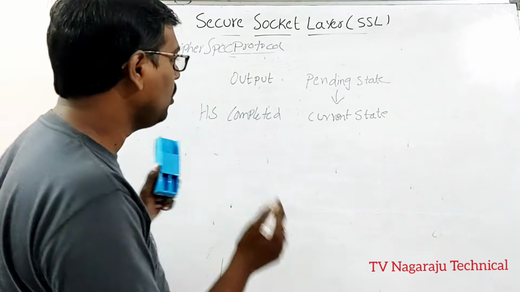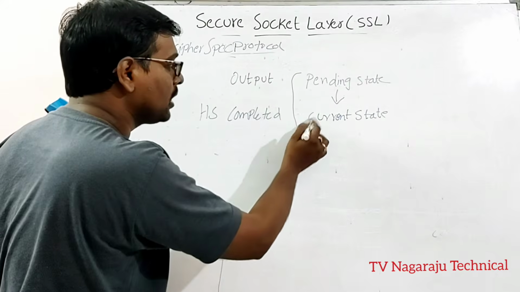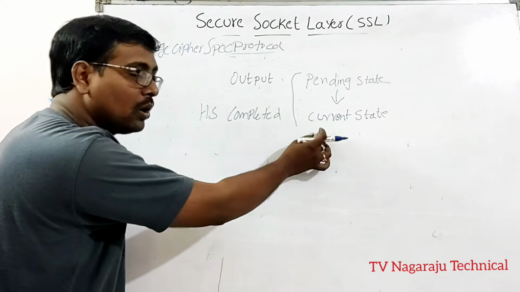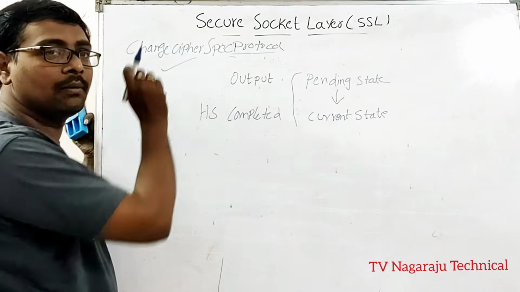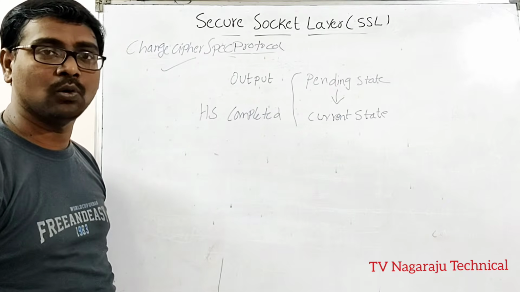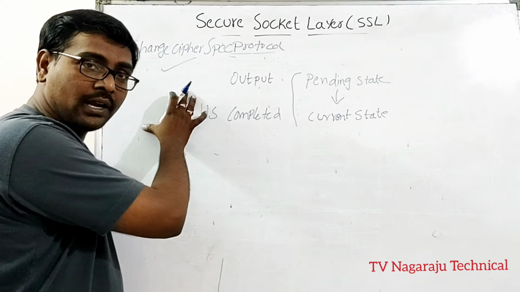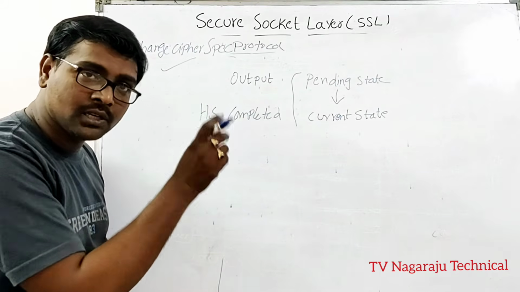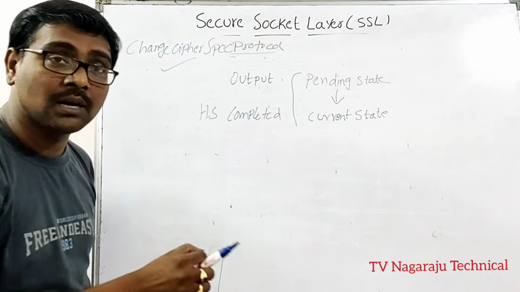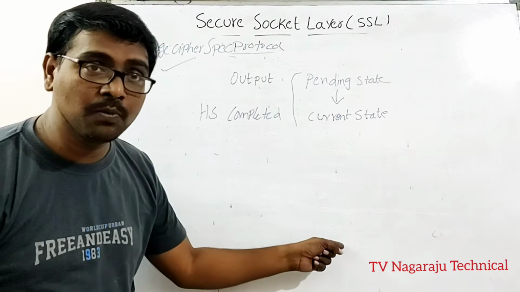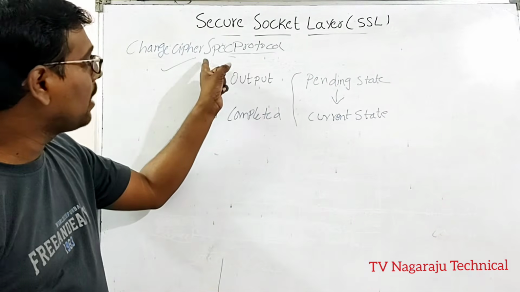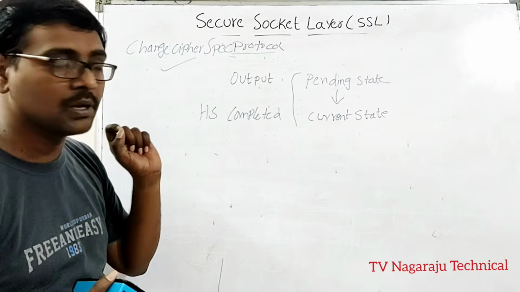You got it? Now, this conversion of pending state into current state is done by the Change Cipher Spec protocol. Now you understand? Whatever output is generated by the SSL is in the pending state. Once the handshake is completed, as you observe in the last point of handshake, I am using this Change Cipher Spec protocol.